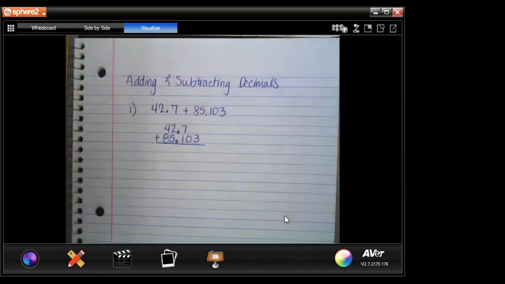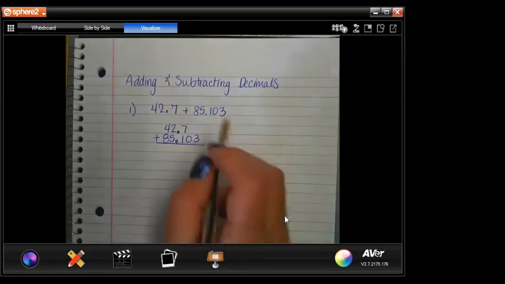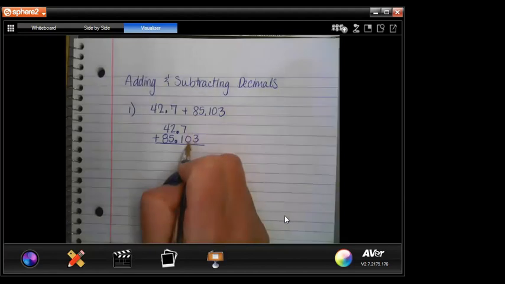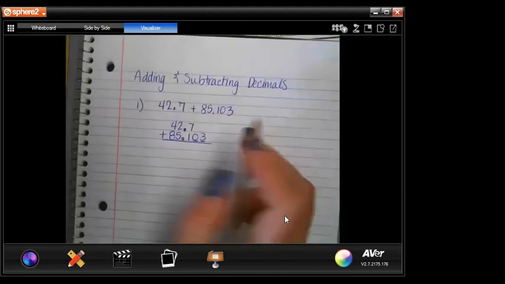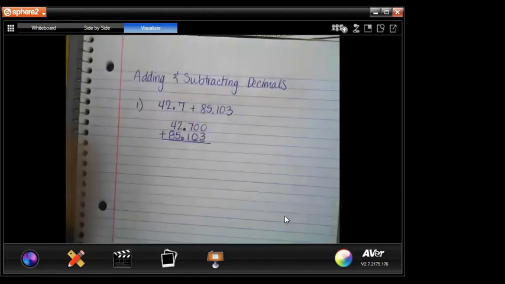So we line up the decimal point. Now, that's the nice thing about addition, it doesn't matter which one you have on top or bottom. It truly does not matter. But if you look, I have a number in my hundreds and my thousands. So that means I need 2 zeros in here as placeholders.